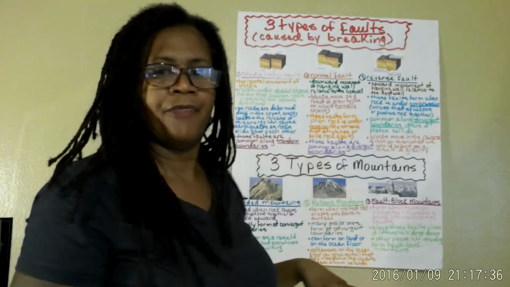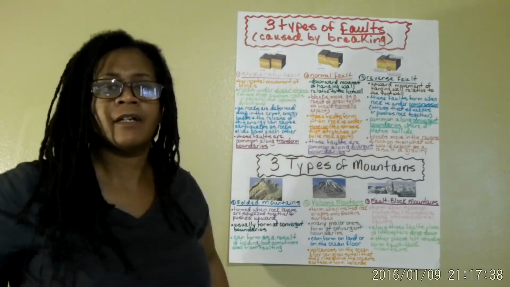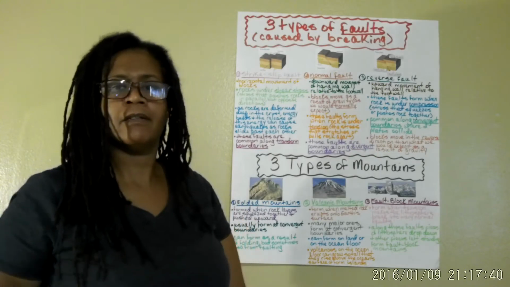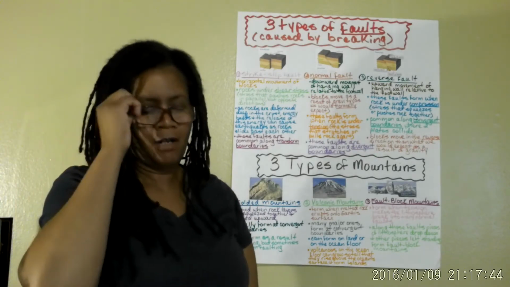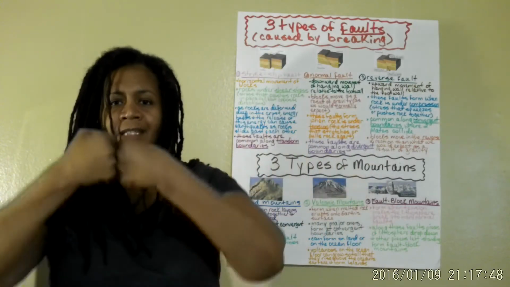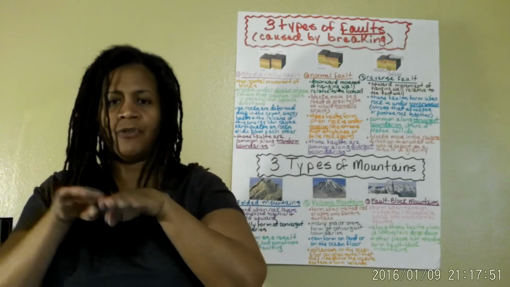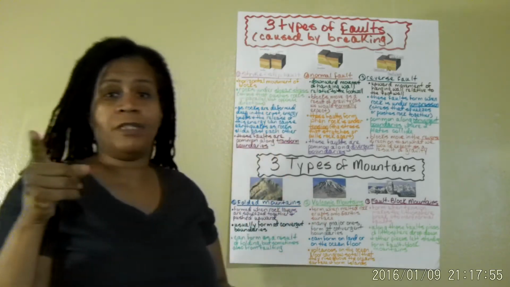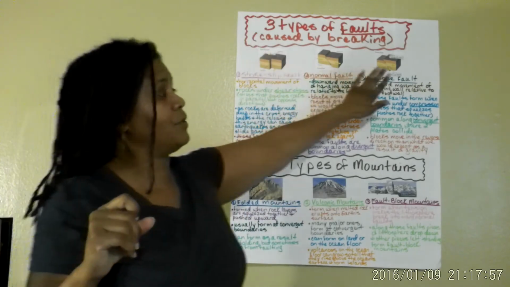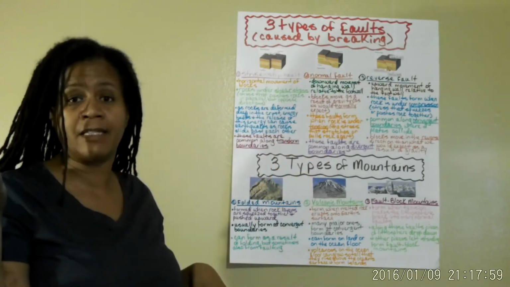With the three types of faults, keep in mind the three boundaries that we've talked about with plate tectonics. We talked about the convergent, the divergent, and the transform. Okay? So, keep those in mind as we talk about the three different types of faults, because that's important.